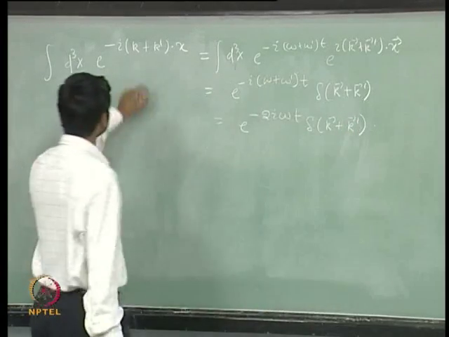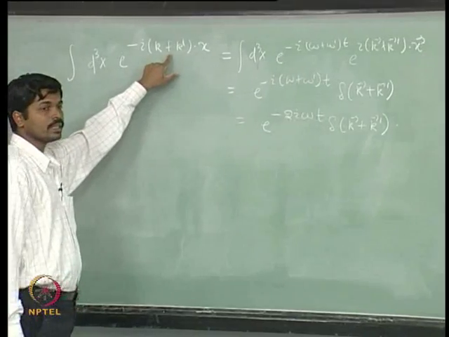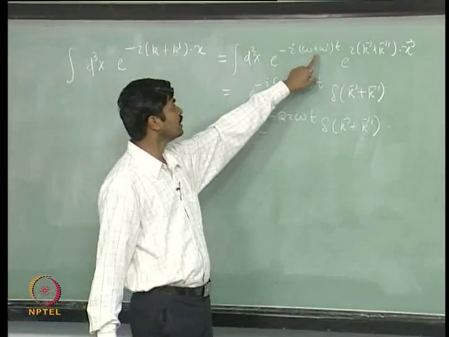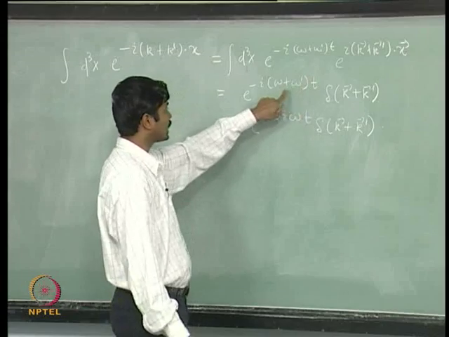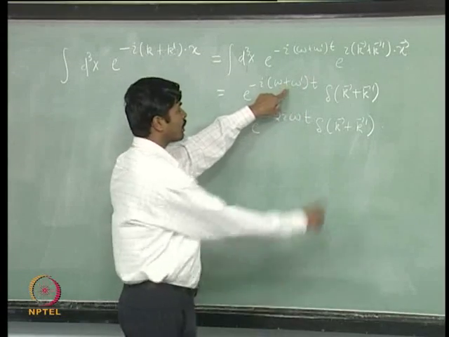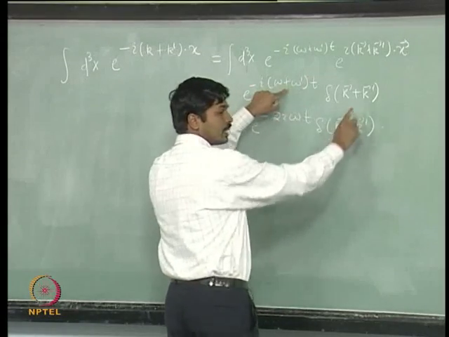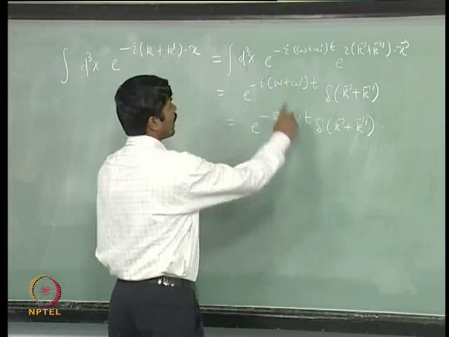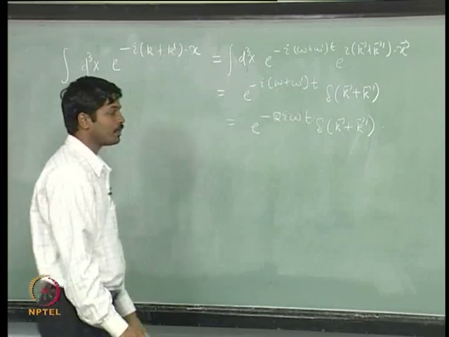On the other hand, if there is a minus sign here, then you will get a minus here, and similarly there is a minus here. Therefore, when you multiply this with the delta function, the minus sign will cancel omega and omega prime.